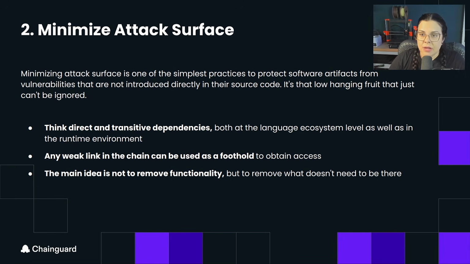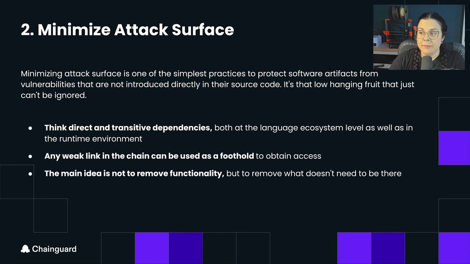You have to think about direct and transitive dependencies. The dependencies of your dependencies are also a risk. Any weak link in the chain can be used as a foothold to obtain access. And even with low privilege access, they can also try to escalate privilege. This is another type of exploitation. But once they get access, there's a lot they can do.